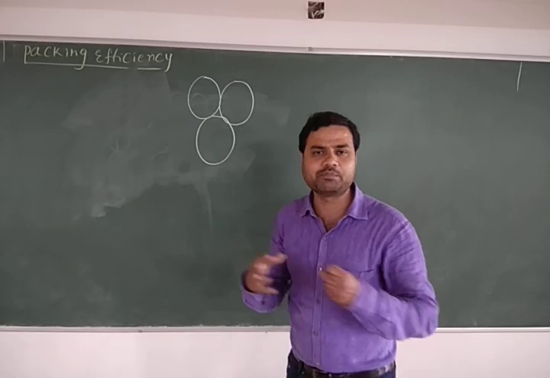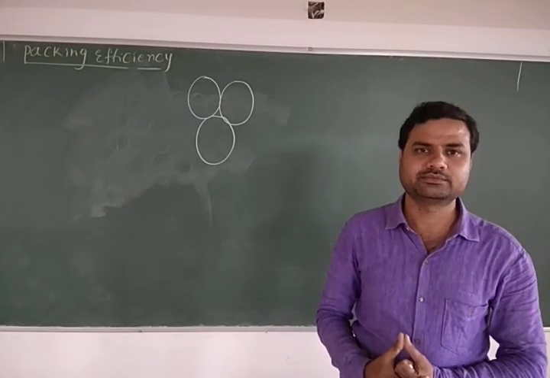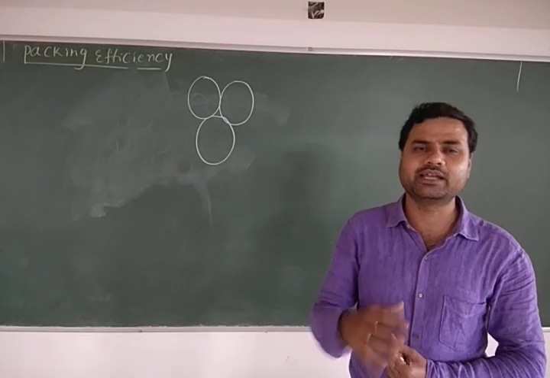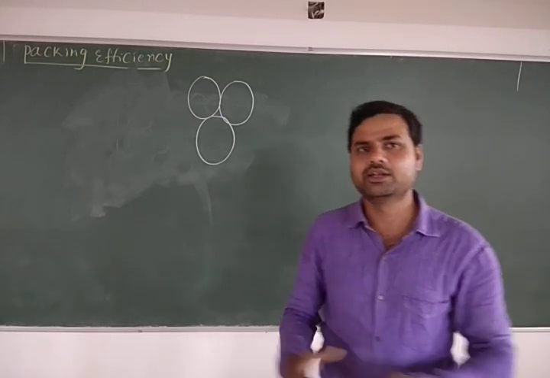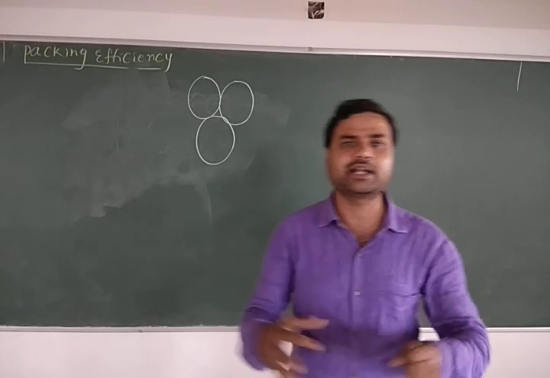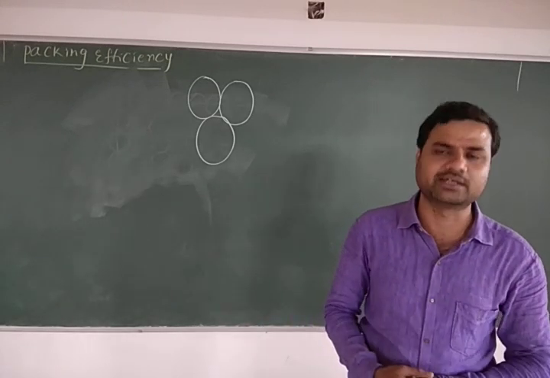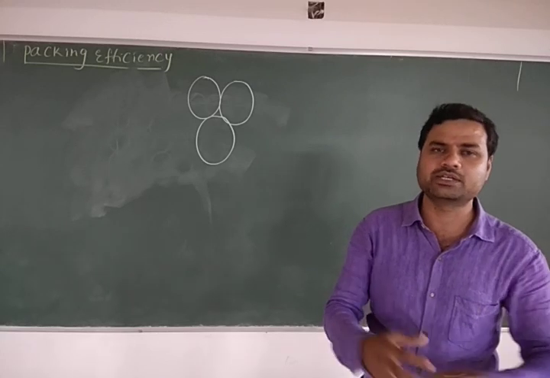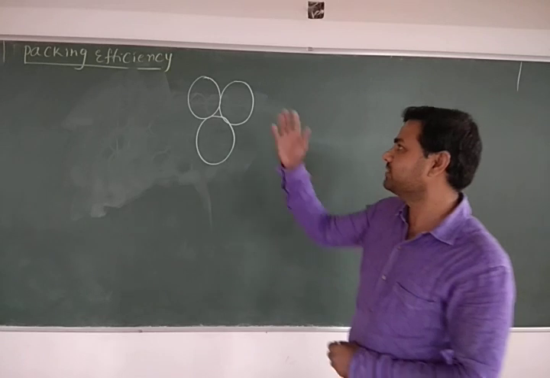Means they are not completely close to each other. How much are they close to each other? That can be calculated. Means how closely the spheres are interacting with each other, how closely they are placed in a unit cell. That is called what?